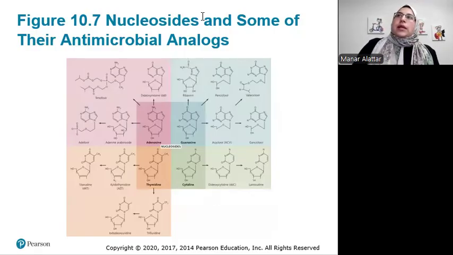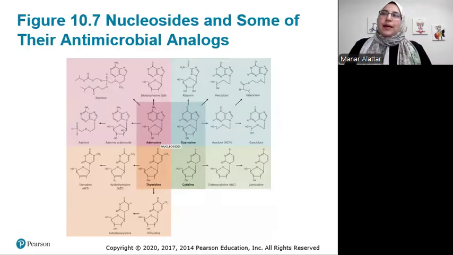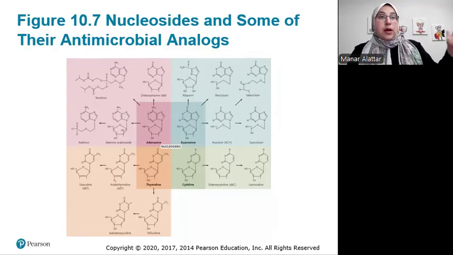Here's an image of these nucleoside or nucleotide analogs, which are non-functional nucleotides that take the place of real nucleotides and in that way slow the pathogen down or inhibit it overall. Those are some examples of how our antibiotics inhibit the production of nucleic acids like DNA and RNA.